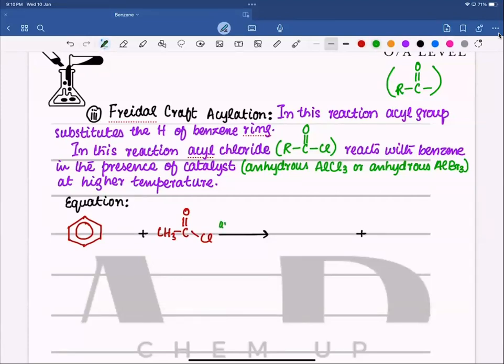The catalyst is anhydrous aluminium chloride, or we can use aluminium bromide as well, at high temperature. So what will happen? That chloride is removed from C double bond O, hydrogen is removed from benzene to form HCl, and that carbonyl carbon gets bonded to benzene.